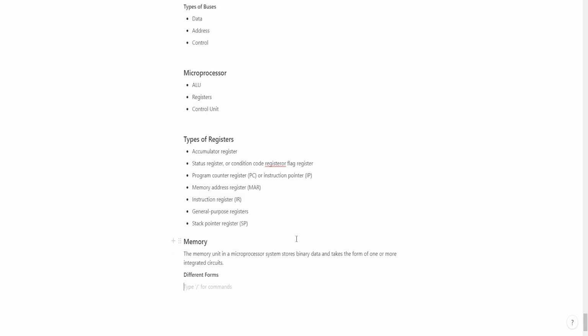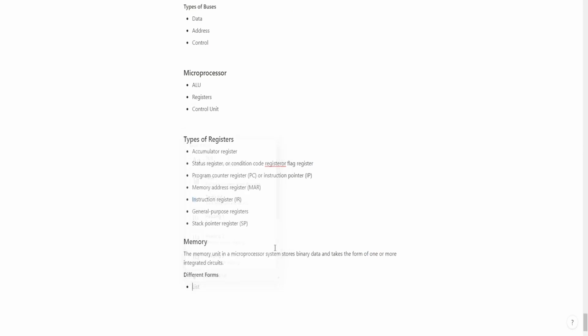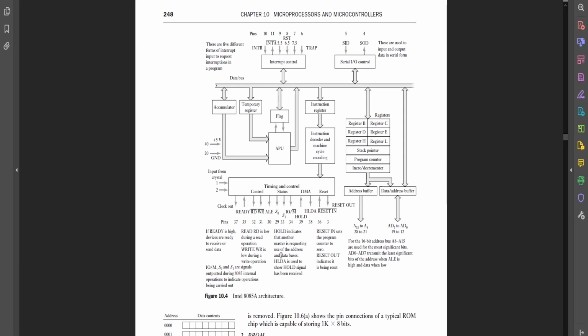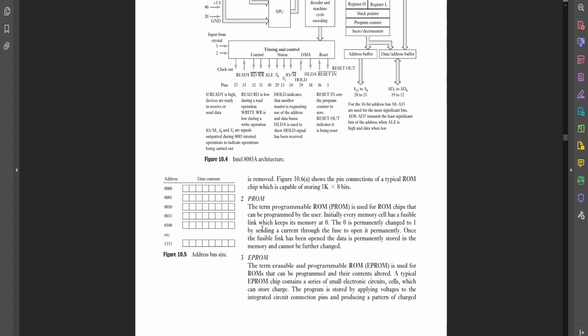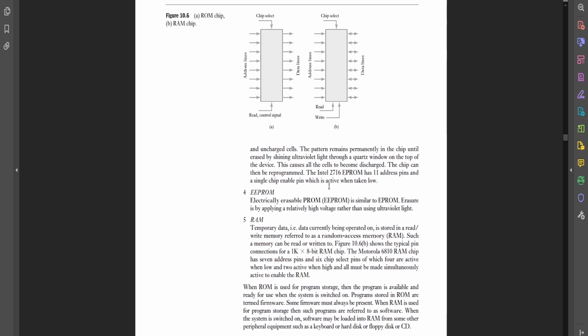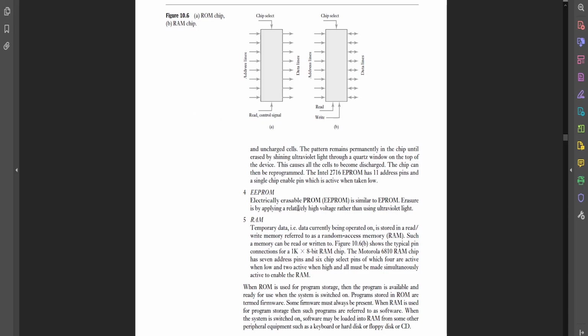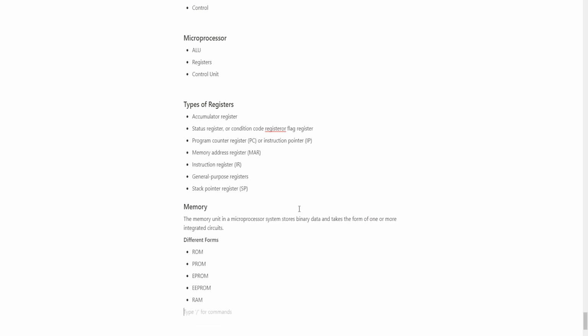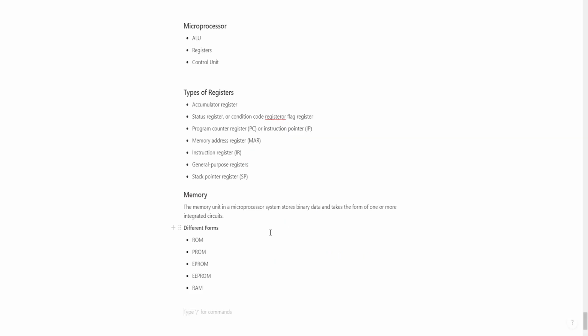Let's do a bulleted list: ROM, PROM, EPROM, EEPROM as well, and then there's RAM. Okay, so this is memory, and then we've got input outputs.